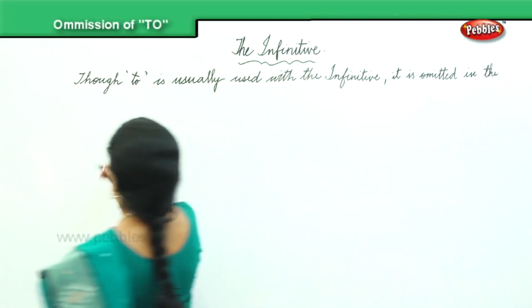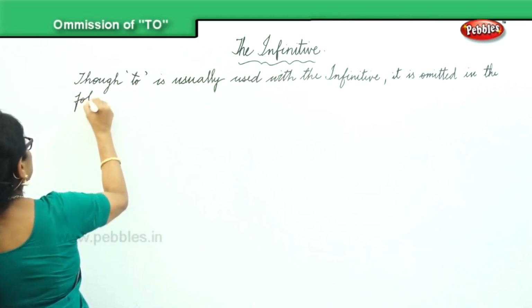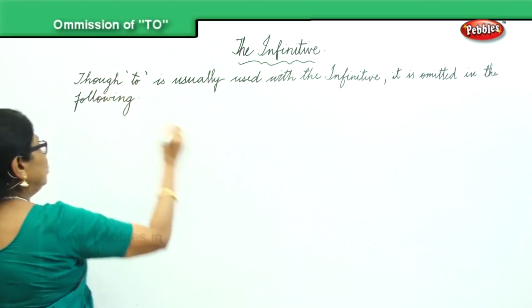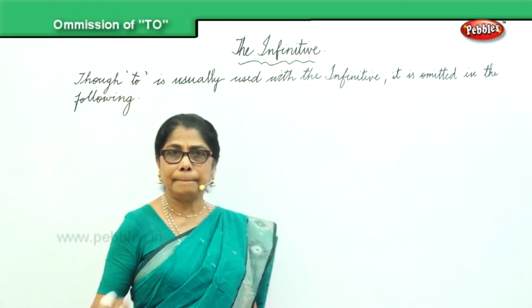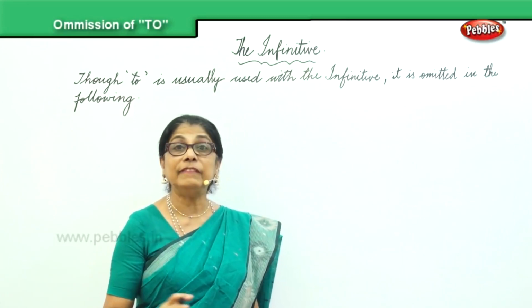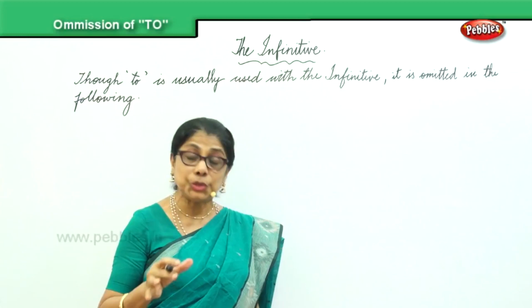That we'll look at now. Okay? We need to add "to" to the verb, but in the following, what I'm talking to you about, the auxiliary verbs, we will be omitting the "to".